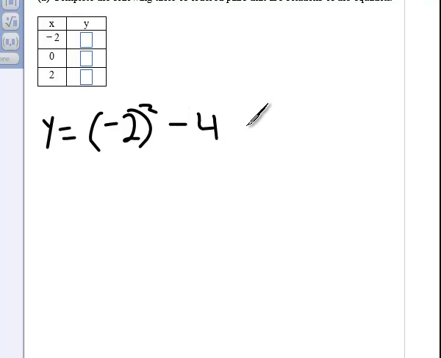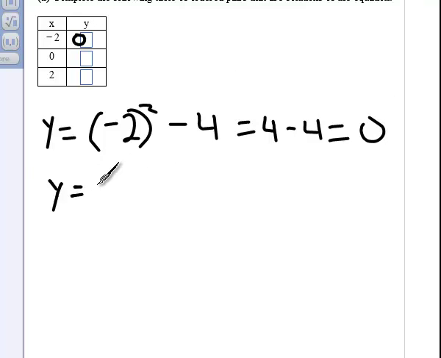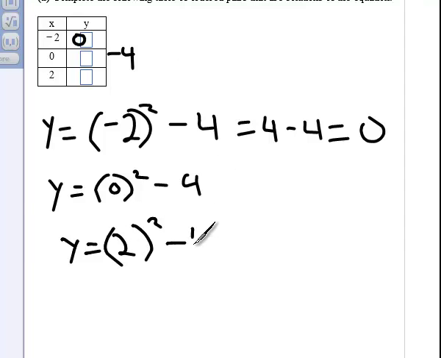So negative 2 squared, that'll be 4 minus 4, and we get 0. So that's 0 there. And then we plug 0 in, minus 4, and we get negative 4 out. And then plug positive 2 in there, and we get 0 again.